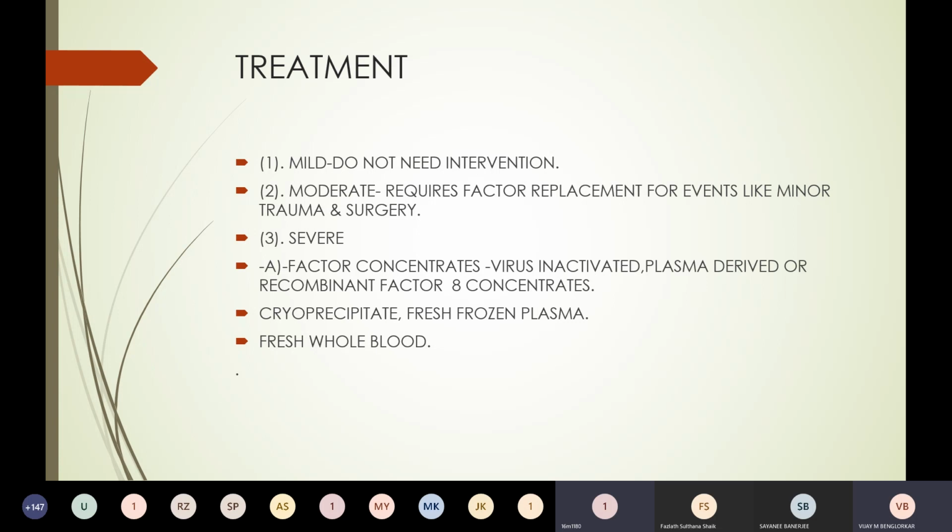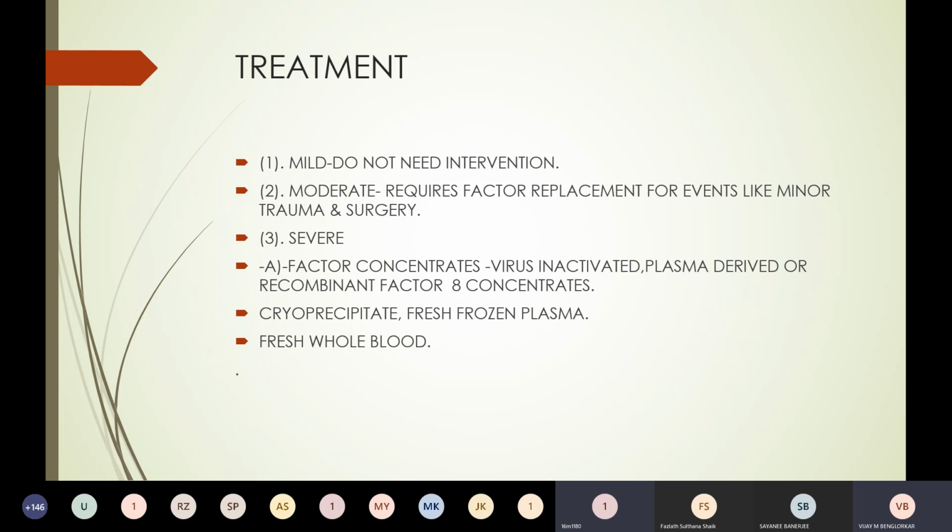In severe, you can use the factor concentrates, which are virus inactivated, plasma derived, and recombinant factor 8 concentrates. But they are very rare to get, so easily not available. What else can we use?